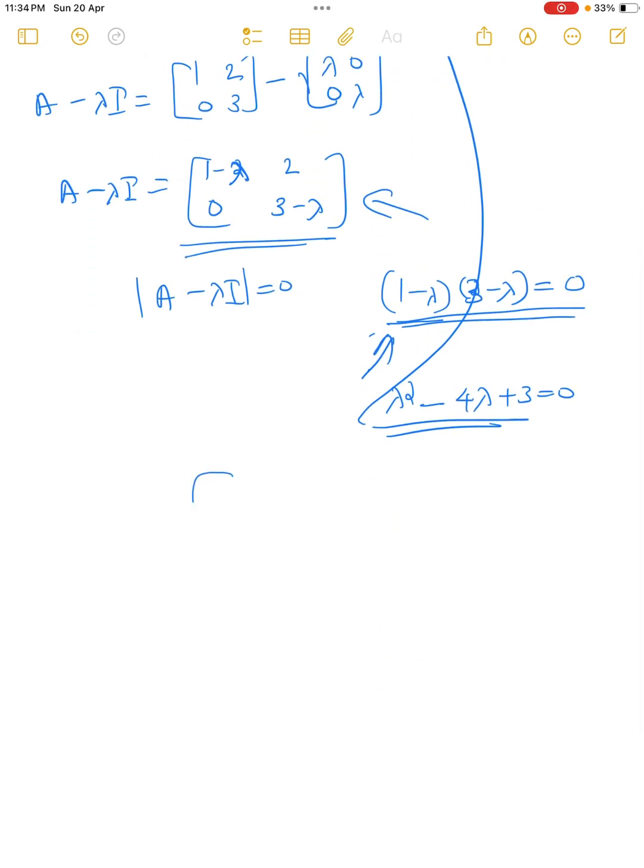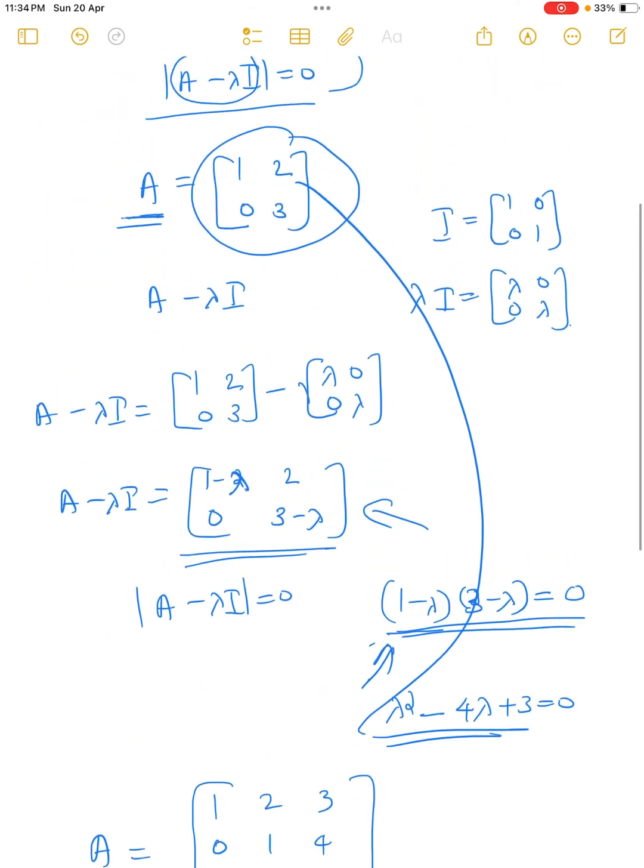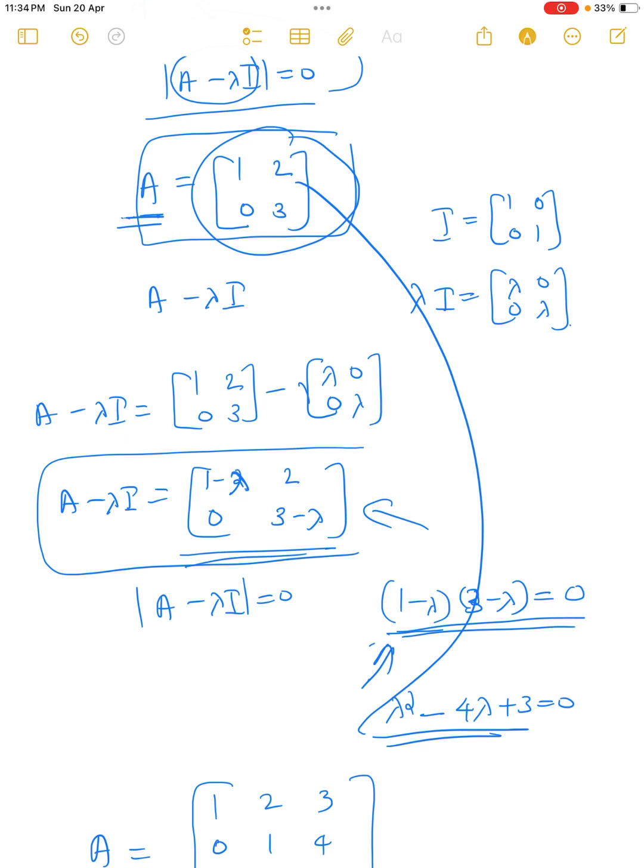If I take a 3 by 3 matrix A equal to 1, 2, 3, 0, 1, 4, 0, 1, 2, we need to find the characteristic equation of this matrix. Also please note that here A is 1, 2, 0, 3 and A minus lambda I is 1 minus lambda, 2, 0, 3 minus lambda.